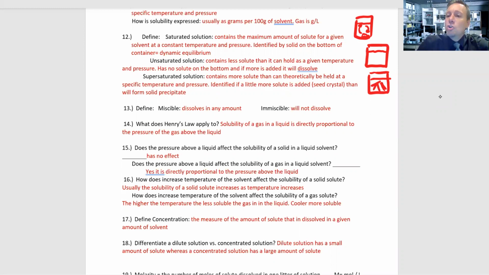So a supersaturated solution contains more solute than it can theoretically hold at that particular temperature and pressure. It's identified if a little more solute is added, called a seed crystal, then a solid formation will occur. And that's what you're notating between these 1 and 2 right here.